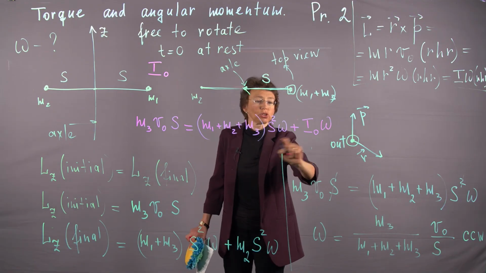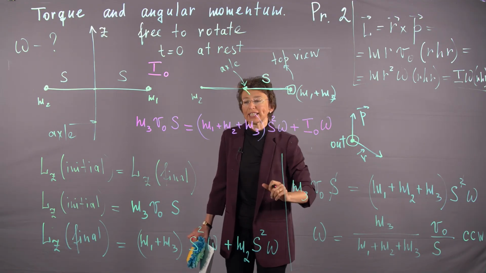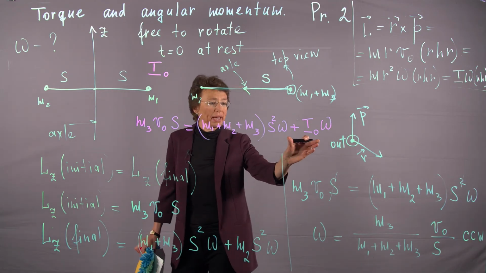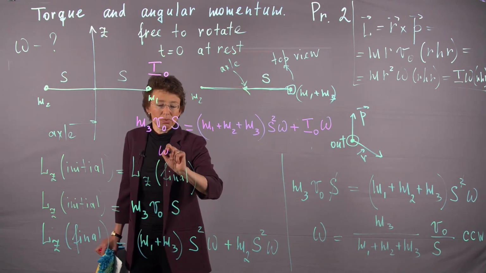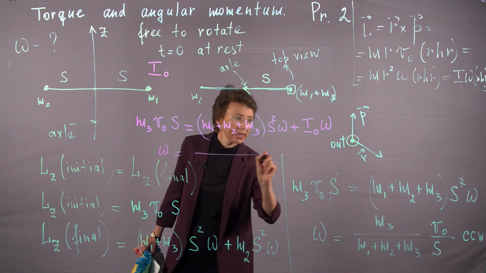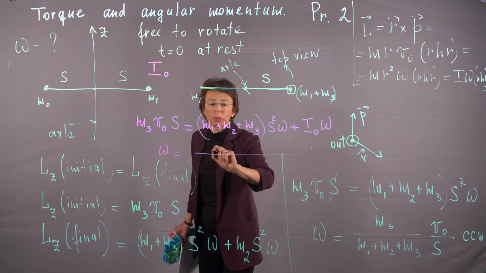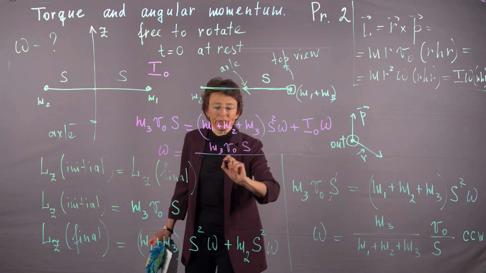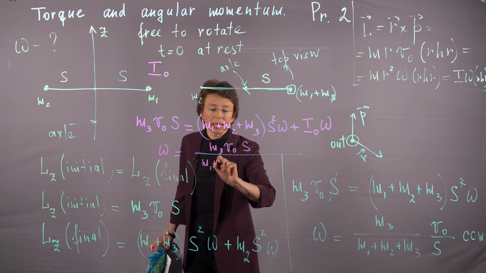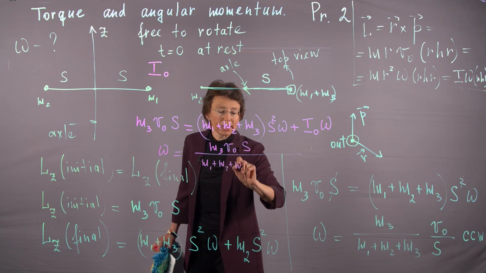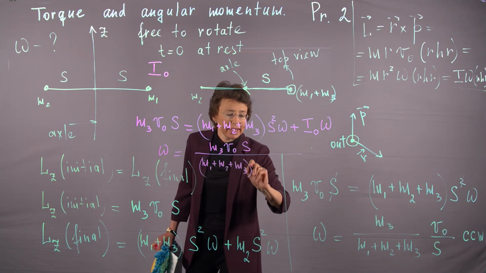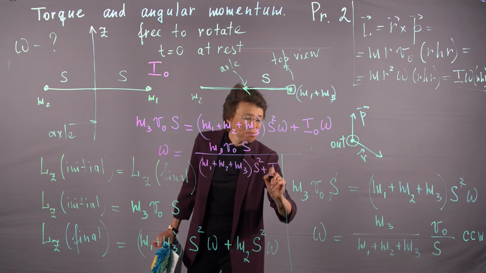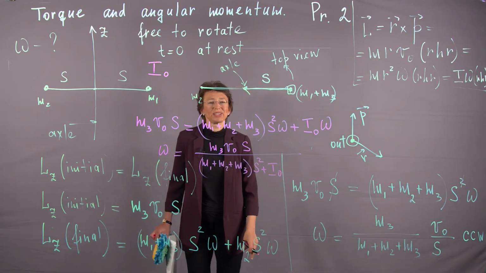So you factor out omega from the right-hand side, and you solve this equation. What will be omega? In this case, omega will be, I'll write a long line. It will be M3 V naught S divided by M1 plus M2 plus M3 S squared plus moment of inertia I naught.